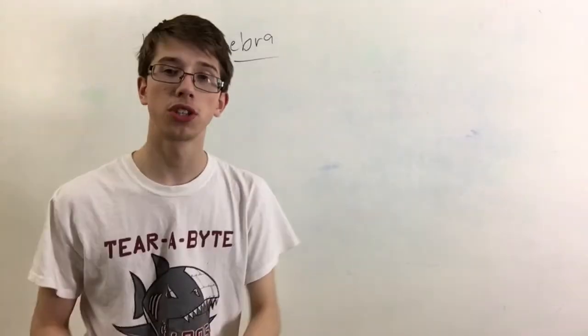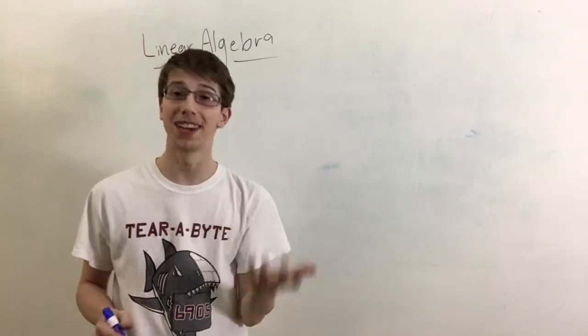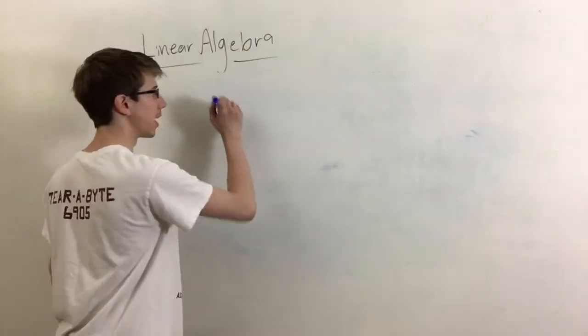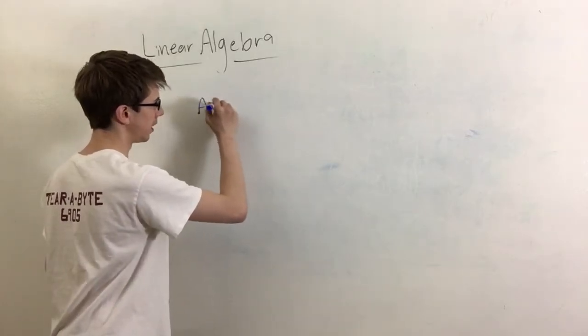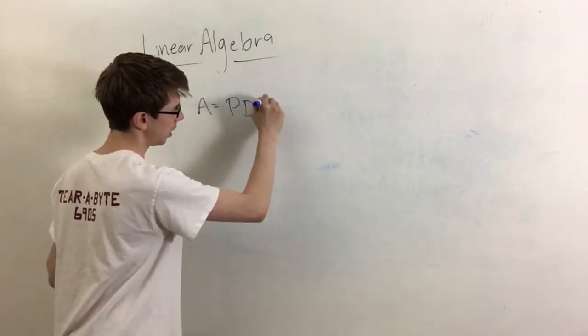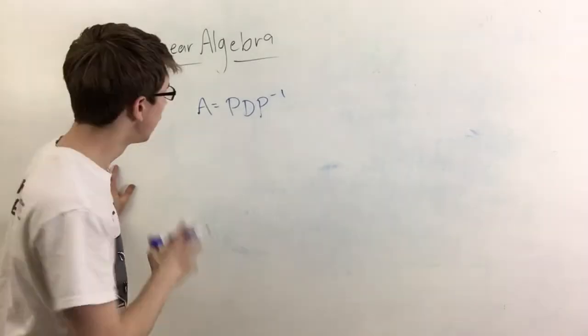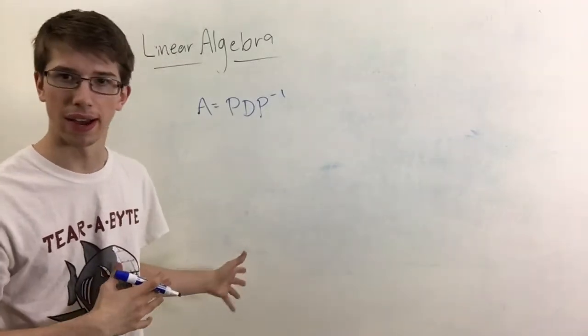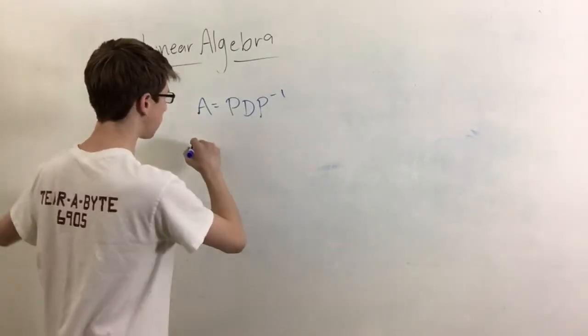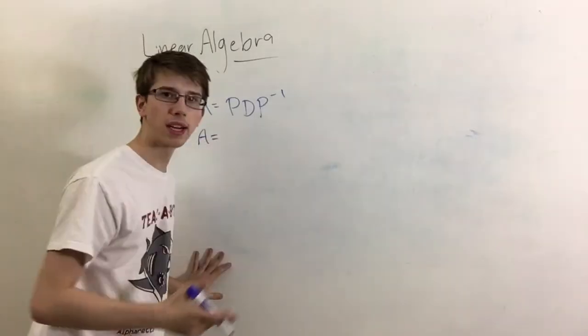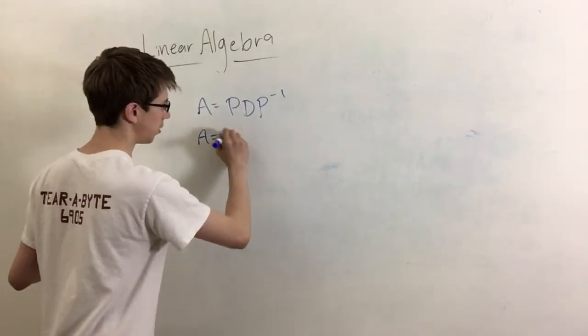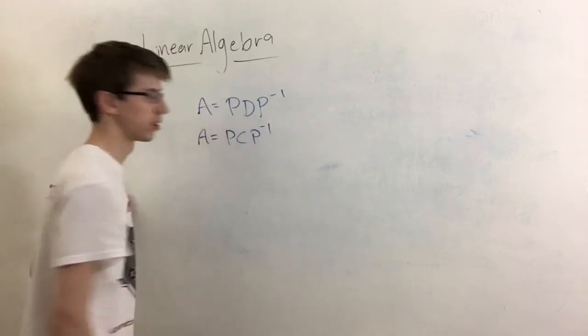The next essential question that we haven't already gone over is, how do I diagonalize a matrix? Now, we diagonalize a matrix by doing A is equal to P D P inverse for matrices with only real eigenvalues. But for ones with both real and complex, or just complex, then we have to do P C P inverse.